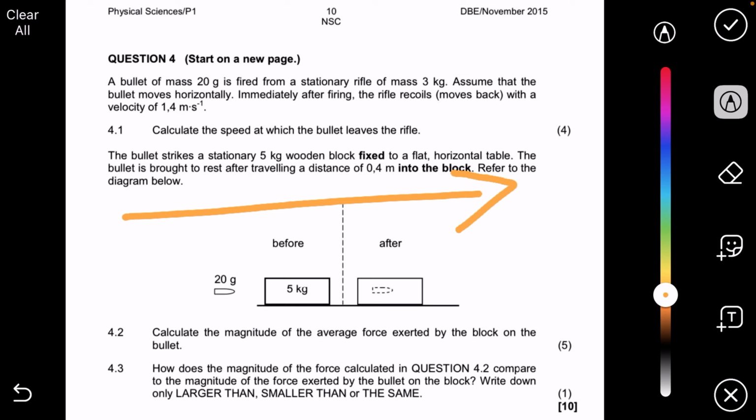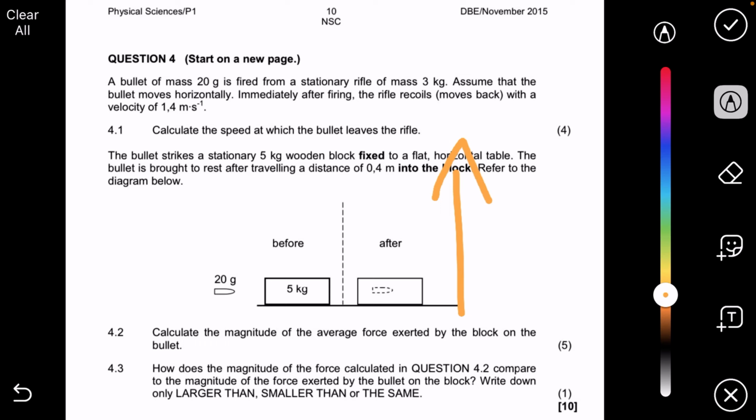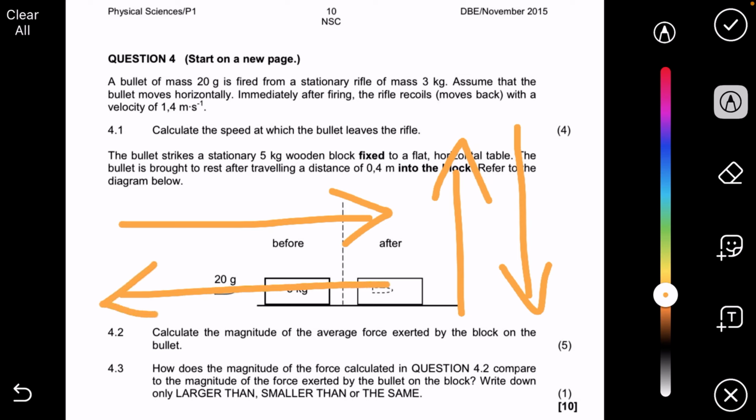Remember, I've also done a lesson where I explain in detail equations of motion. Obviously we normally use those equations under vertical projectile motion, where objects are moving vertically, upwards and downwards. The very same equations may be used for objects moving horizontally, whether going to the right or to the left, as long as the objects are moving horizontally.